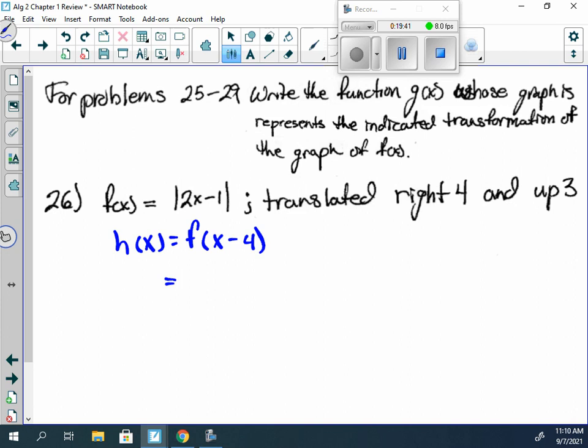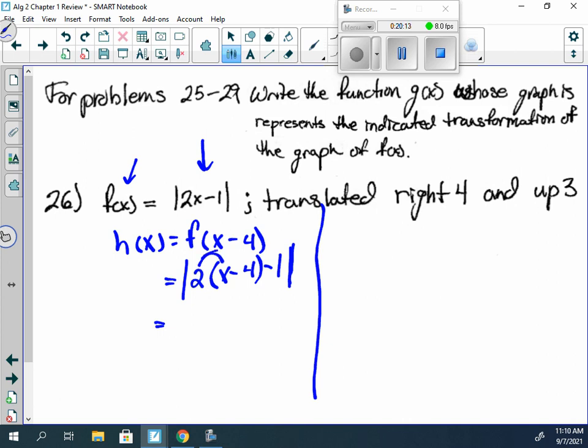Okay? Do I have f of x anymore? Because that's what we started out with, yes? Well, no, I have f of x minus 4. So everywhere in this function where there's an x, it needs to be replaced with an x minus 4. So what we'll have is 2 parentheses x minus 4 minus 1. There we go. Now we do have a number in front of the parentheses, we do need to distribute.